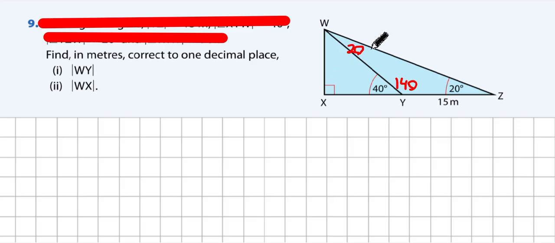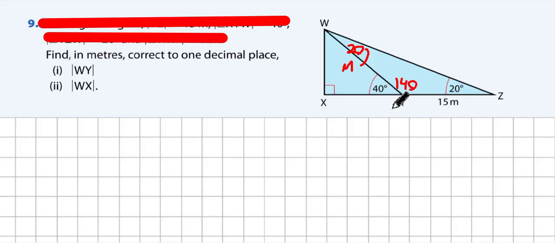It's an isosceles triangle then, isn't it? Do you know what I mean by isosceles triangle? If both the angles are the same, then the lengths are the same. This answer is going to be 15, but even if we didn't get that, what we'll do is the sine rule.